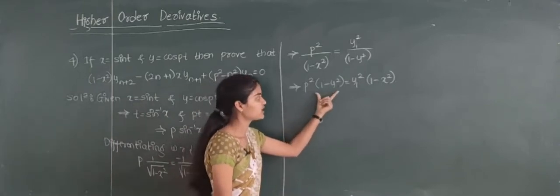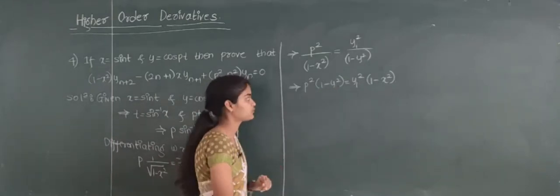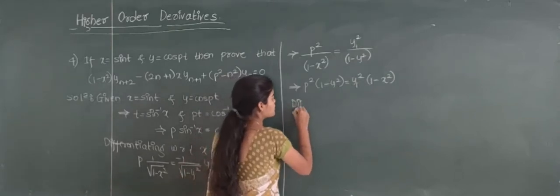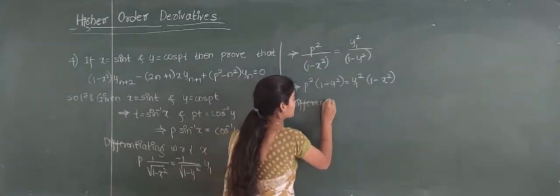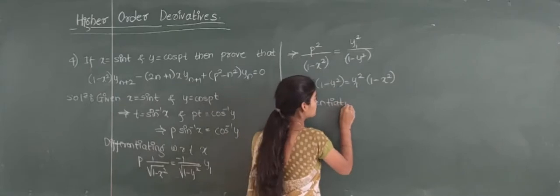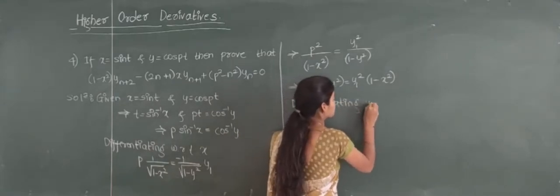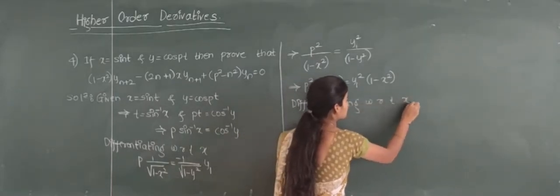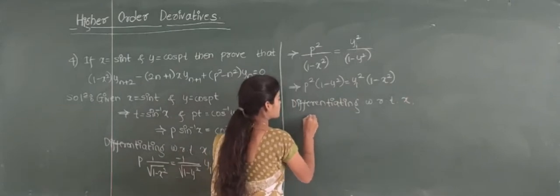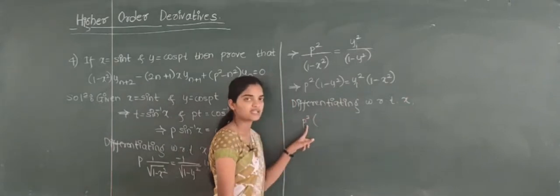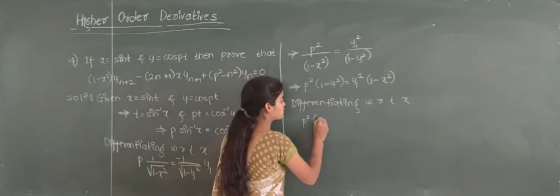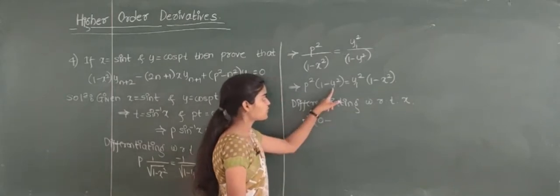Again I will differentiate this equation with respect to x. What we get? This p square is constant. We write it as it is. Then the differentiation of 1 is 0, minus. See here, y square is there.